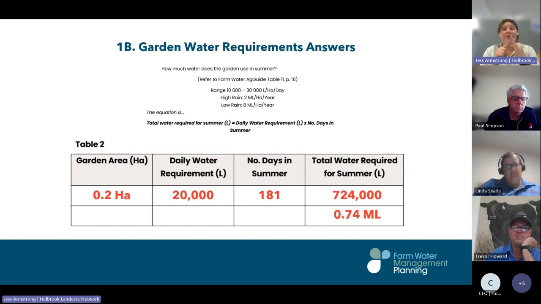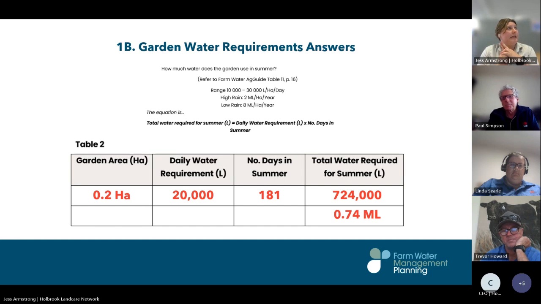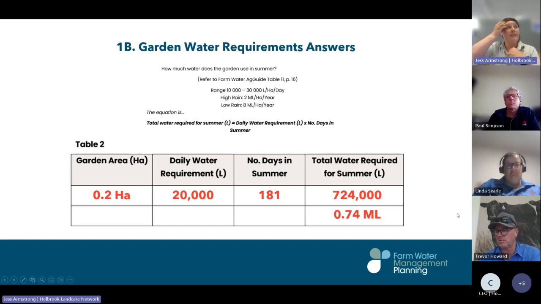This means for the summer period, provided that we are watering our lawn or our garden area every day for that summer period, October to March, we need a total of 724,000 litres of water stored to be able to keep our garden alive and keep our significant others happy, make sure their rose bushes are going, and make sure the lawn looks good, because everyone loves a good looking lawn, even when it's dry. So that roughly rounds to a total of 0.74 megalitres of water for that summer period.